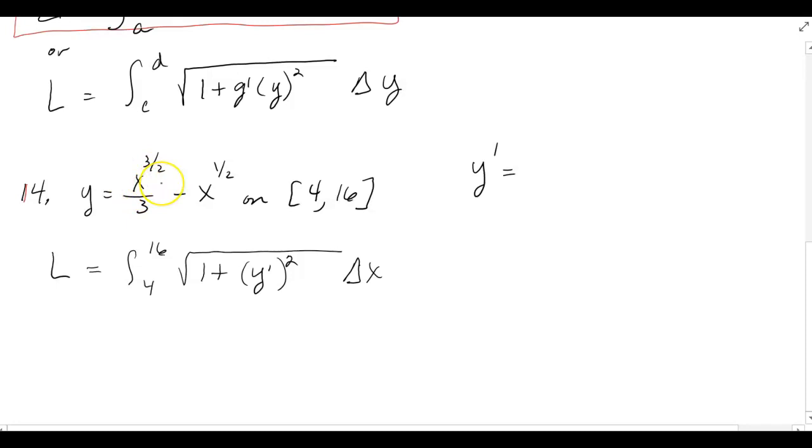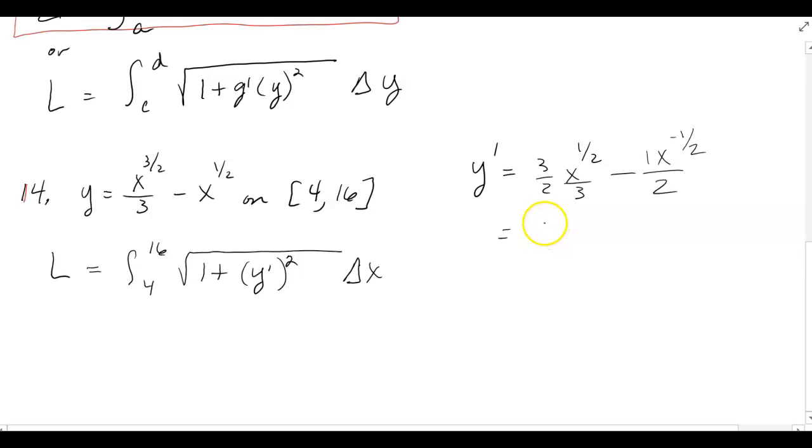So x to the 3/2, we're going to drop it down, multiply by 3 halves, make it x to the 1/2, divide by 3. We'll clean that up in a second. Again, drop it down. It's negative 1/2. Move the 1/2 out front. All right, clean up your derivative.